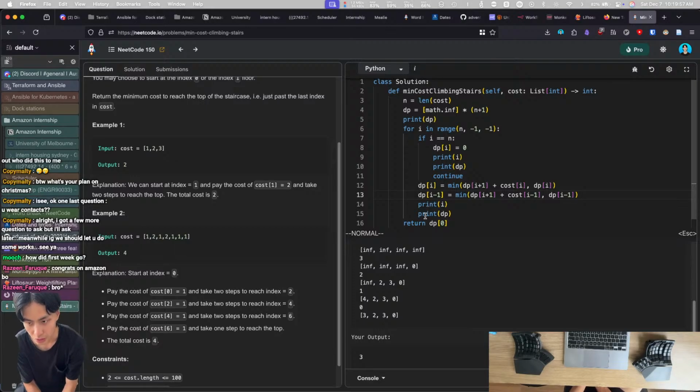dp of I plus 1. So basically the previous number plus this cost, and the previous number plus this cost, or whatever's already in this position.